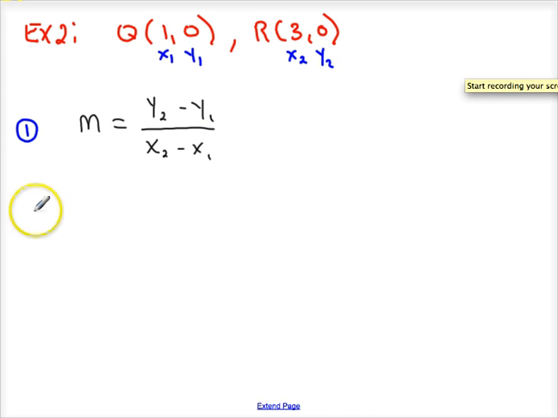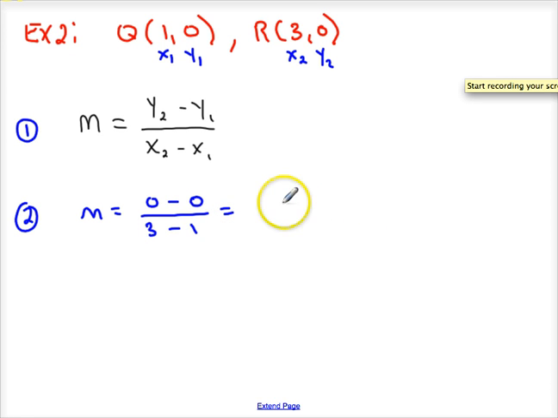Plugging in for our variables, m equals y2 is 0 minus 0 over 3 minus 1. Solving the numerator, 0 minus 0 is 0, 3 minus 1 is 2, and I get an answer of 0 over 2. 0 over anything is always 0, so your slope here is 0, so m equals 0.